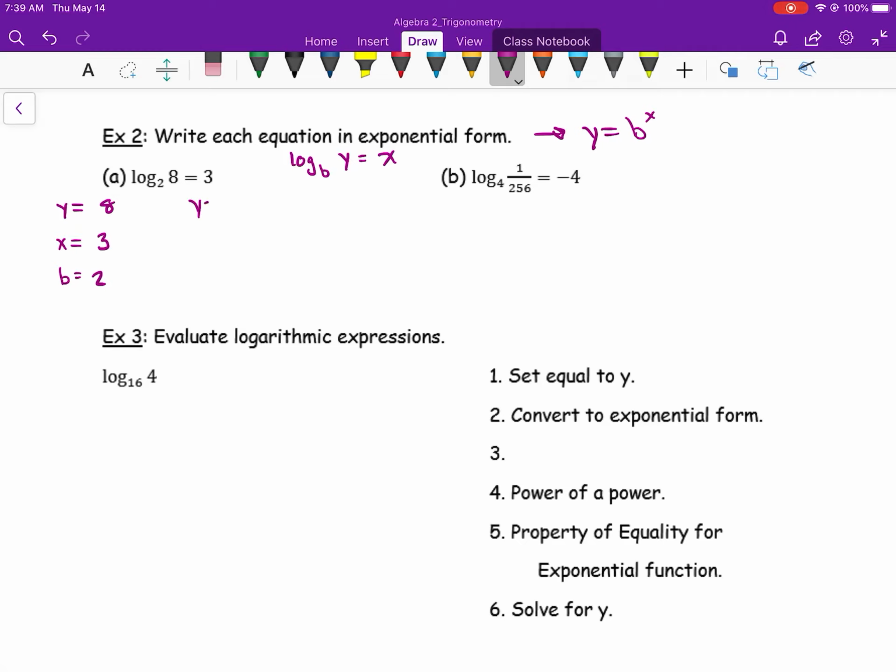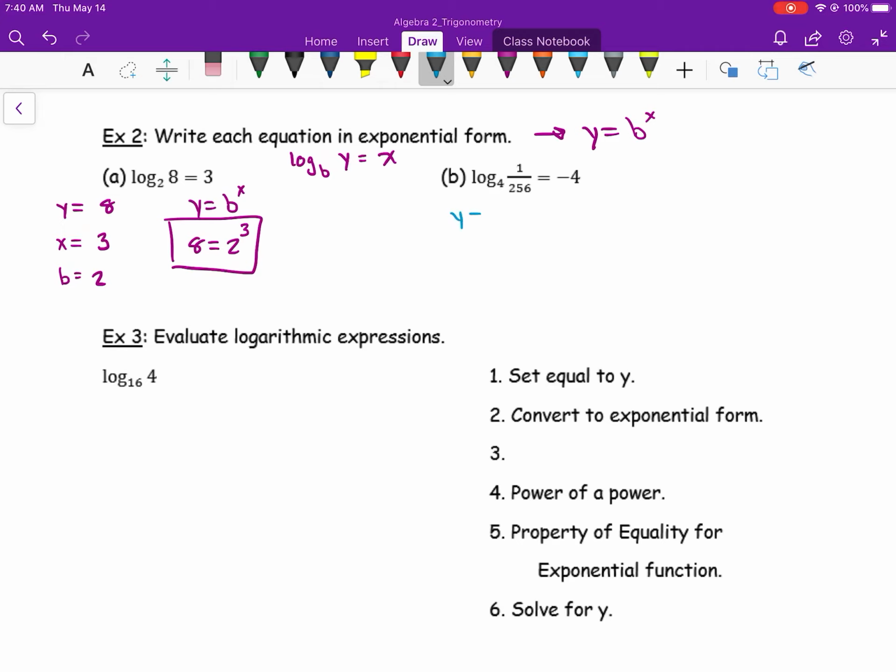So y equals b to the x: 8 is equal to 2 to the third power. And if you think about it, 2 cubed is 8, so that is definitely true.